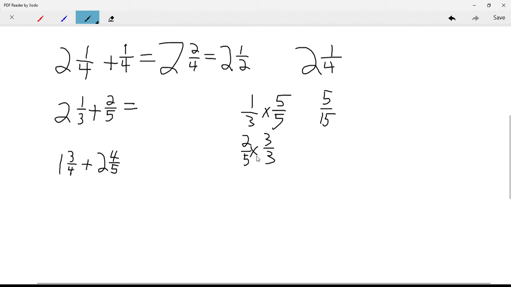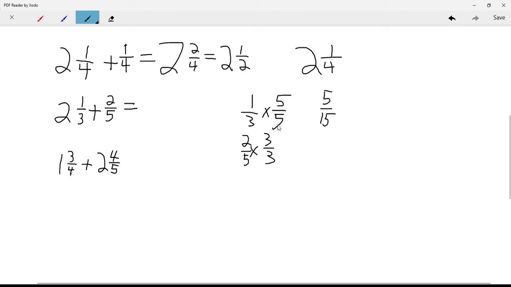3/3. I'm multiplying this fraction by 3/3, and this one by 5/5, because I'm figuring out what I have to multiply the denominator by to get the common denominator, which is 15.